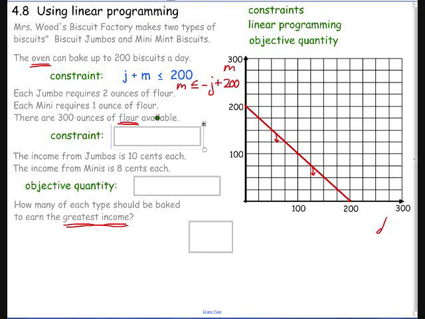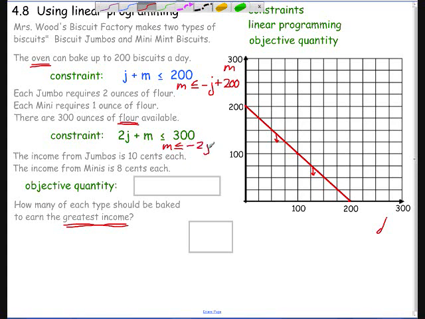And we're going to say 2 ounces for every jumbo plus 1 ounce, which we don't bother writing, for every mini. And when we add those up, it's going to be equal to 300. So let me see, what would my boundary line look like? I'm going to put this into slope-intercept form.